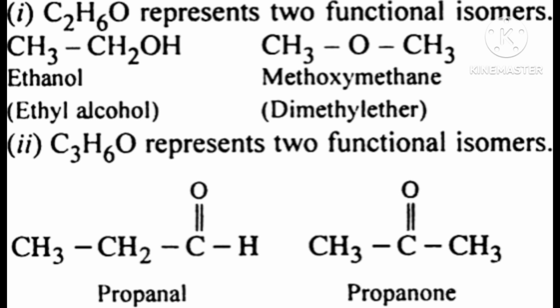If attached to 2 carbons, then secondary. If attached to 3 carbons, then tertiary. This I told you: primary, secondary and tertiary depending on whether 1, 2 or 3 carbons are directly attached to the positively charged carbon.